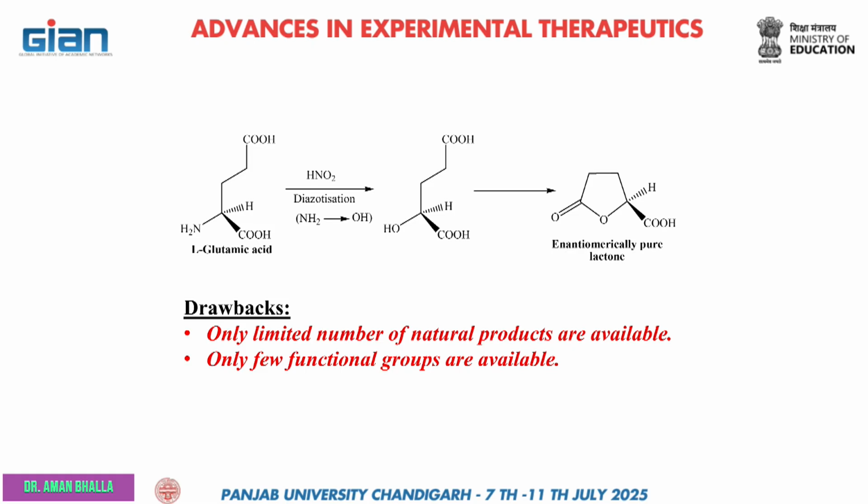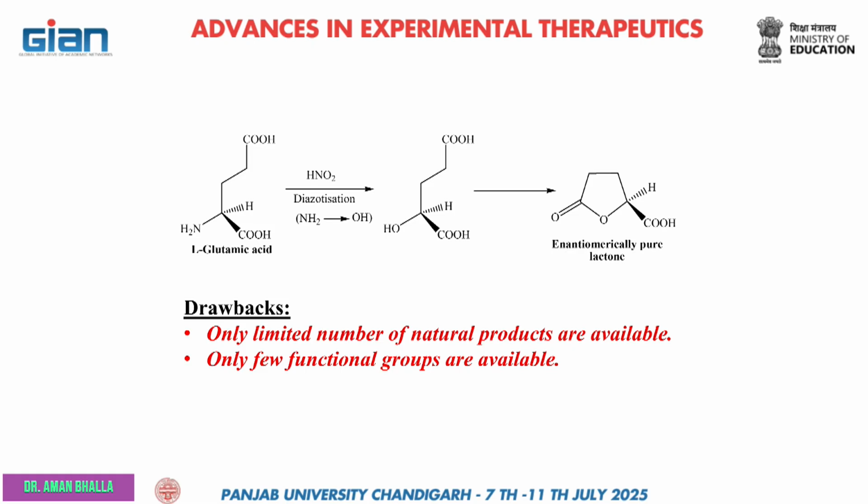You see hydrogen and COOH, they are present on the same plane which you require in your final product. So you choose a substrate which already has the desired chirality of your product. Now what do you do in this case?